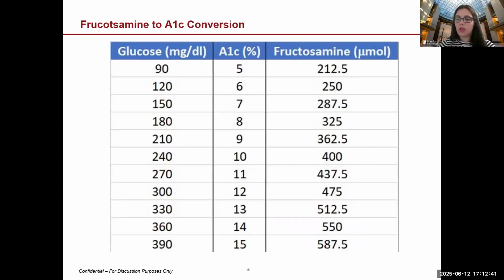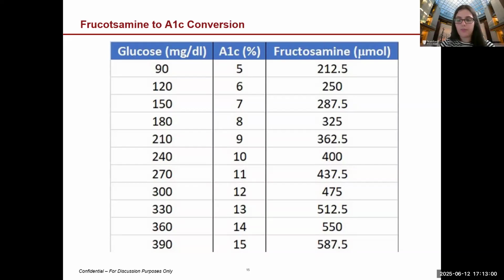So again, this chart will help us convert fructosamine levels into their estimated A1C and average glucose equivalents. It's useful for interpretation, especially when we are more familiar with the A1C goals.